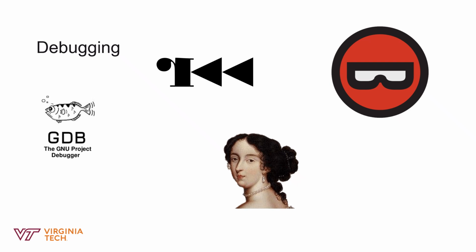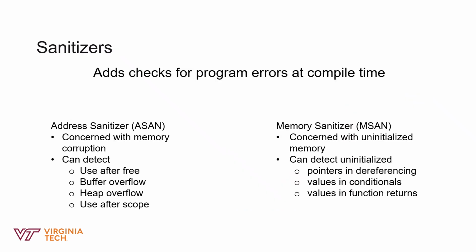That brings us to our next triaging technique, sanitizers. Sanitizers are another way of trying to figure out what's causing a crash. How these work is that at compile time, similar to instrumentation for fuzzing, it adds checks to the program to try and figure out what errors are happening and also what's causing them. I have two different sanitizers listed here, but there are other ones.